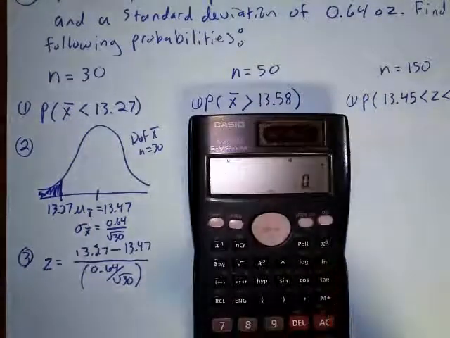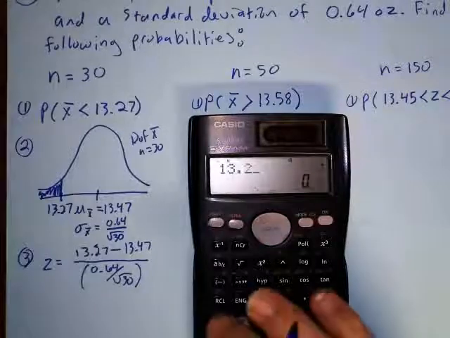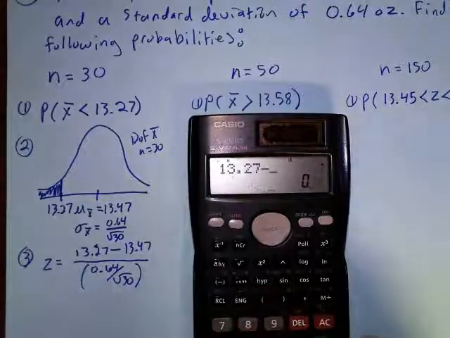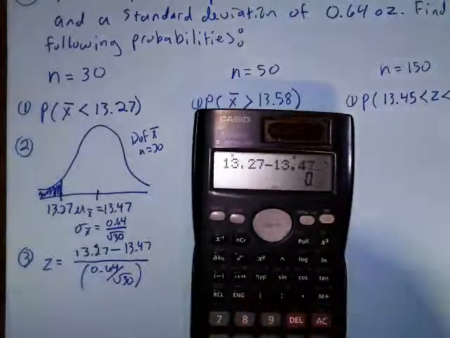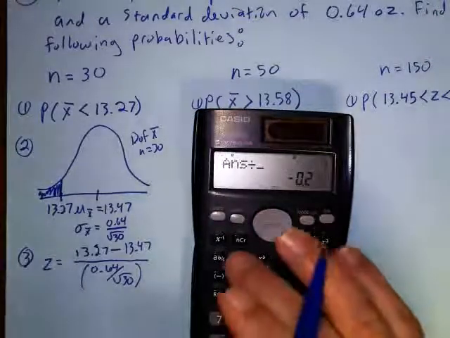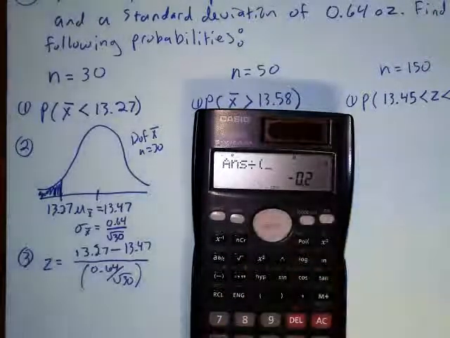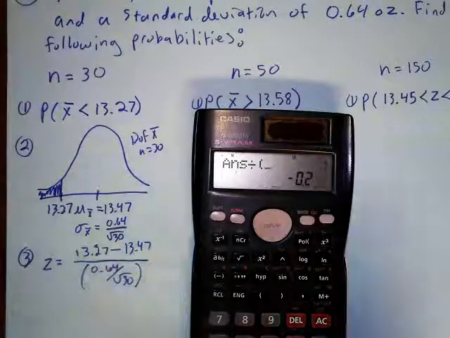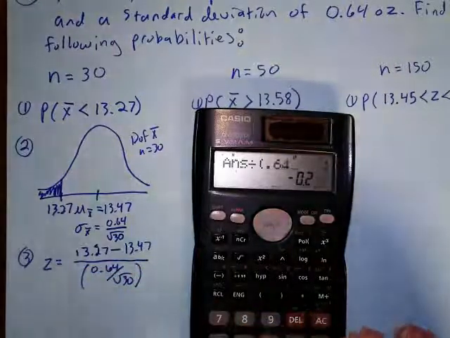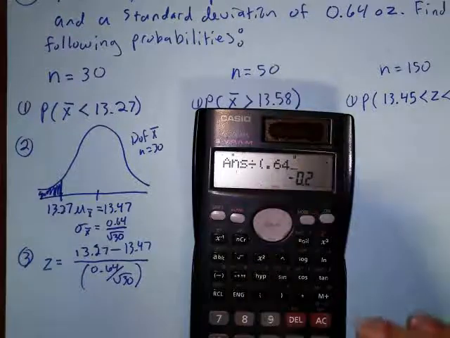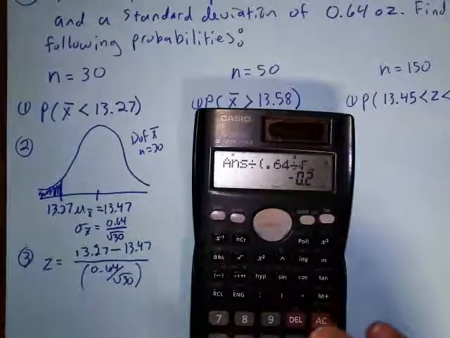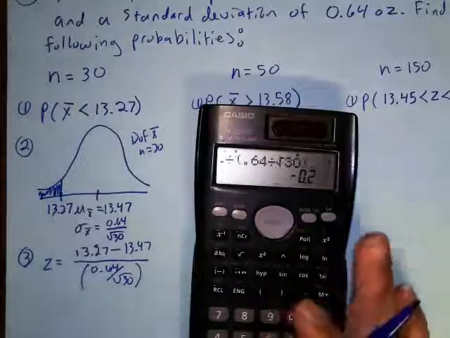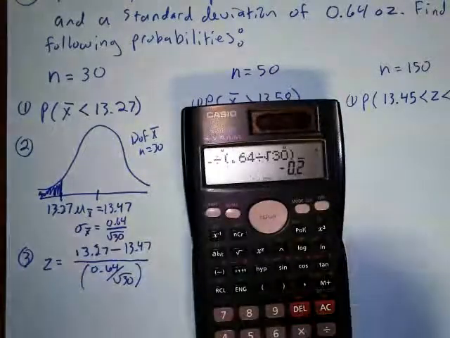Okay, so I'm going to take 13.27 minus 13.47, divide this by, and now remember the important thing is you've got to have that entire bottom in parentheses. So I have a beginning parenthesis, 0.64 divided by the square root of 30, just like that.